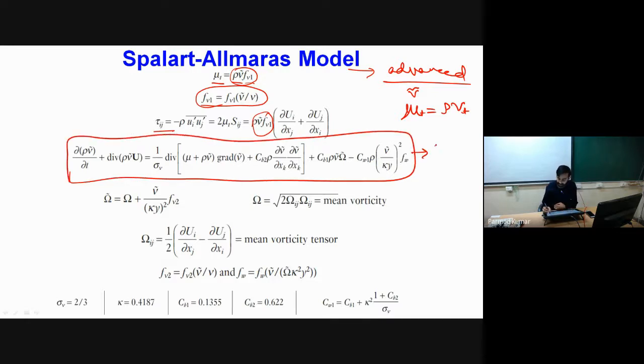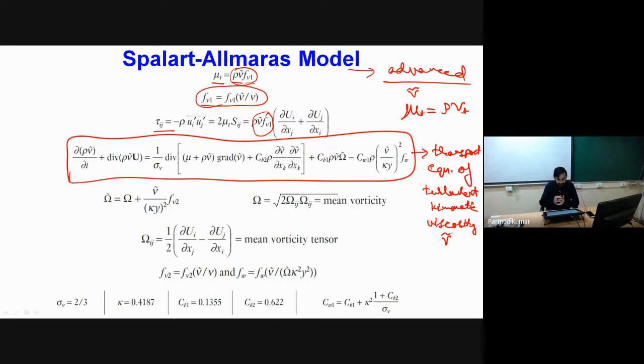So this is the transport equation for, I should not call it eddy viscosity, I have to exactly mention it as turbulent kinematic viscosity, which is represented with the symbol nu tilde. So this takes care of the anisotropic nature of the turbulence.